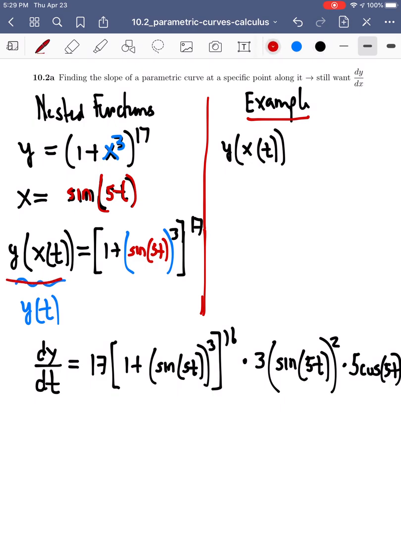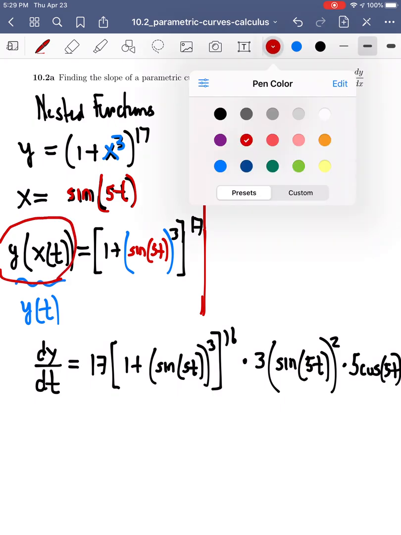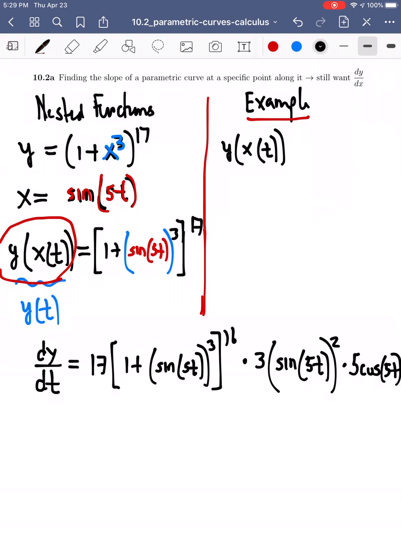So if we wanted to do chain rule here, and we're looking for dy dt, chain rule says keep differentiating from the outside in, and we keep differentiating with respect to the variable that's next. So in this case, we differentiate y with respect to x. And then, once we're on the x variable, we have to multiply by the derivative of x with respect to t.